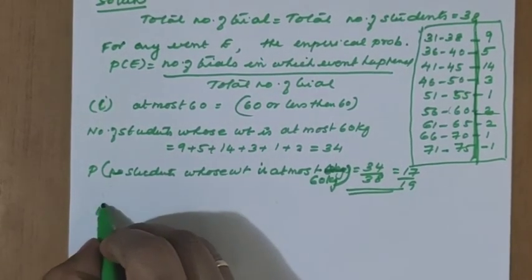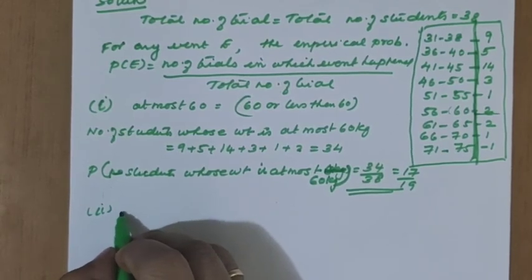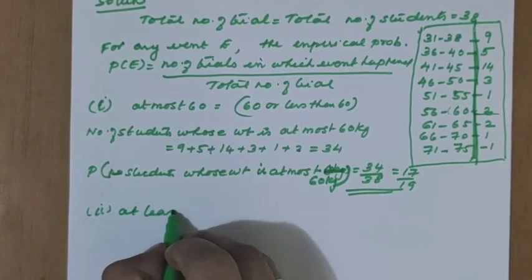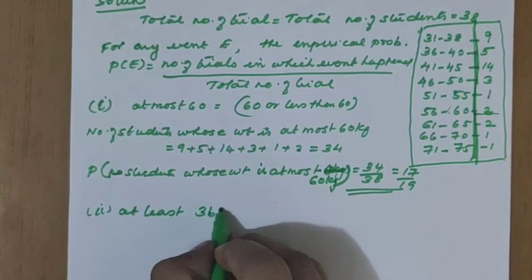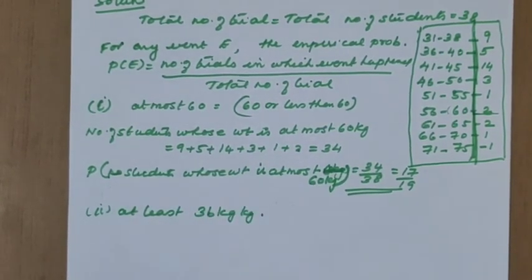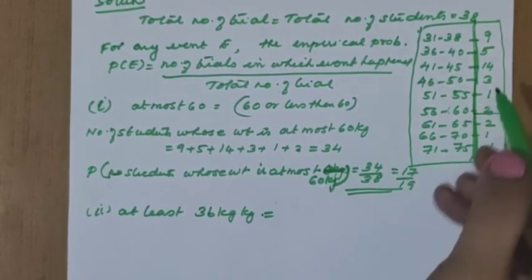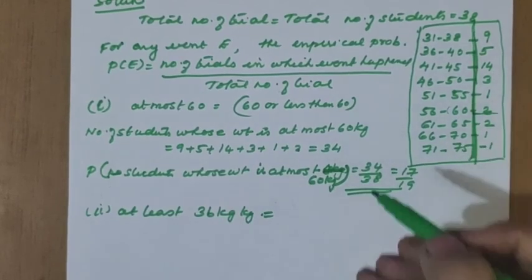What is the second question? At least 36 kg. That means 36 and more than 36. So what are the values favoring there? That is 5, 14, 3 like that.